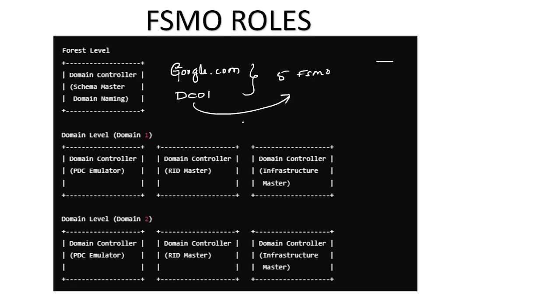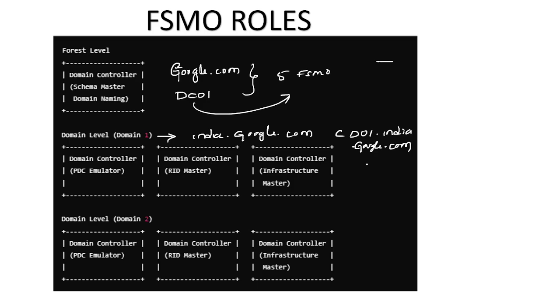But when you add a child domain called india.google.com, imagine this is your level 1 domain now, and maybe the domain controller name is cdc01, child domain 01, cdc01.india.google.com.